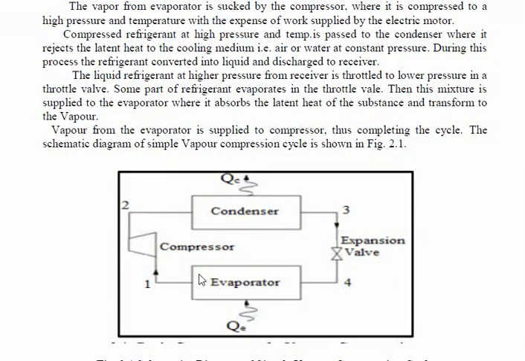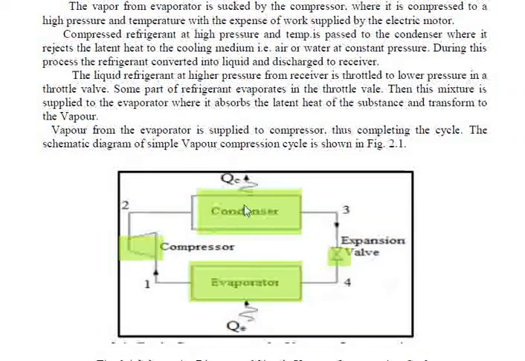You can see here, this is the evaporator, this is the expansion valve, this is the condenser, this is the compressor. From the evaporator, the vapor will go to the compressor, where the pressure and temperature will increase. The high pressure, high temperature refrigerant will go to the condenser, where the heat is rejected, but the pressure is the same. Then the high pressure, low temperature refrigerant will go through the expansion valve, where the pressure reduces, and due to that there is a sudden drop in pressure.